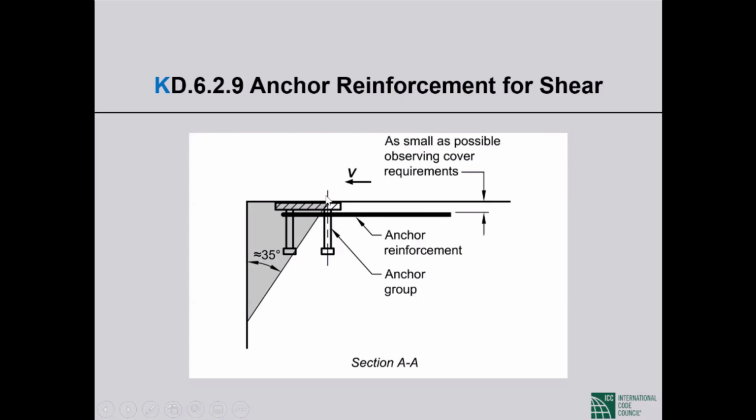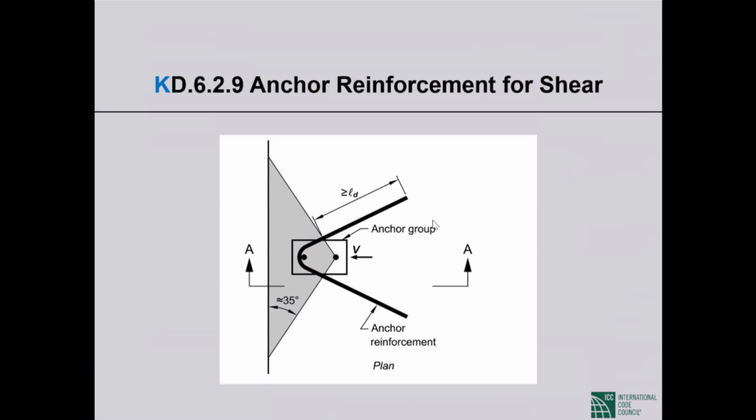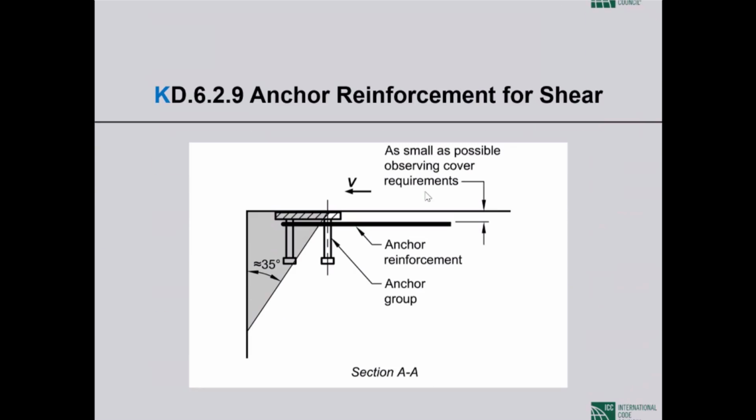And under this shear, this is what breaks out. Okay, so this is trying to break out, and this anchor reinforcement is trying to suppress that breakout. This is the important picture. So it could be a hairpin or it could be a spread hairpin, and the key thing is that this has to be fully developed.